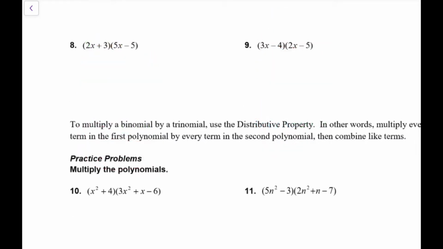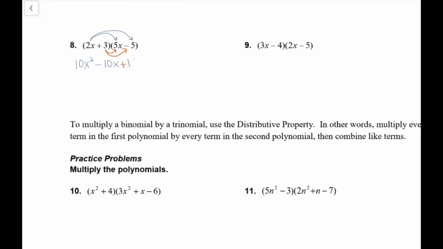Heading to number 8, we're going to take 2x and times it by the 5x. That is the first terms, that's the F for FOIL. 2 times 5 is 10, and we have x times x. We add the exponents to be x squared. Then the outside term would be 2x times negative 5 would be negative 10x.